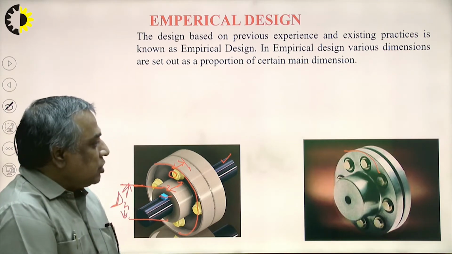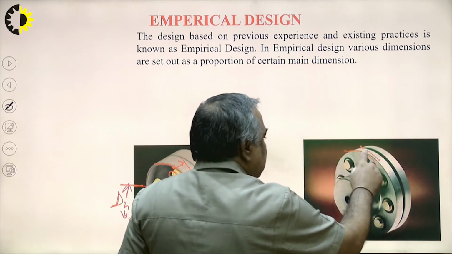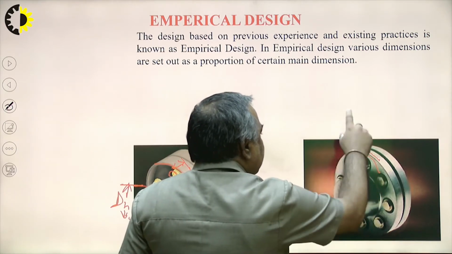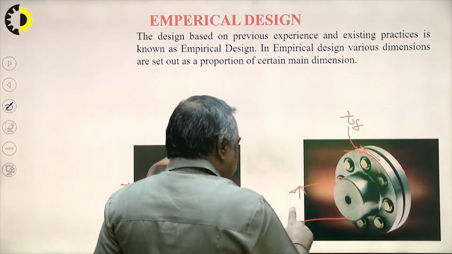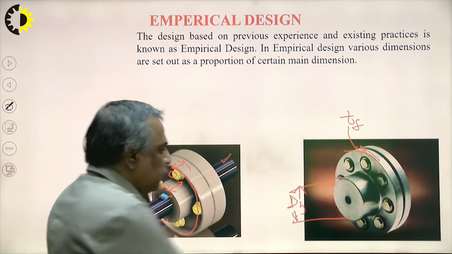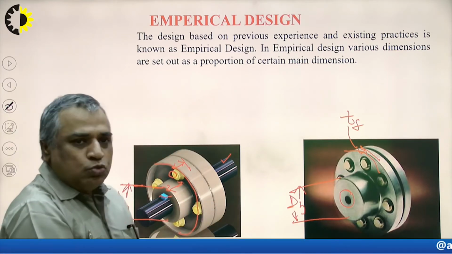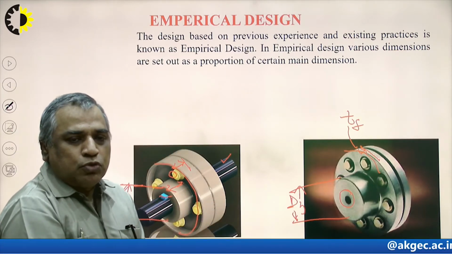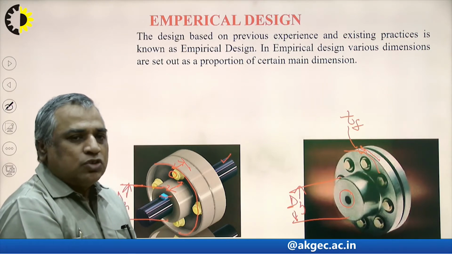So the bolt circle diameter, the flange thickness TF, and the diameter of the hub are fixed, and then we have to drill this portion to mount these flanges on the shaft.